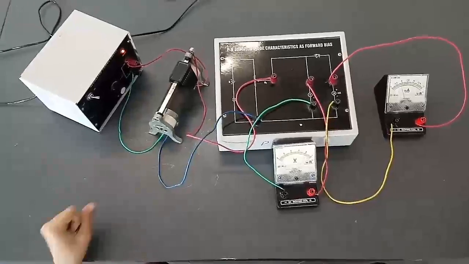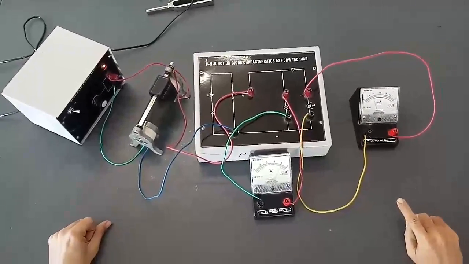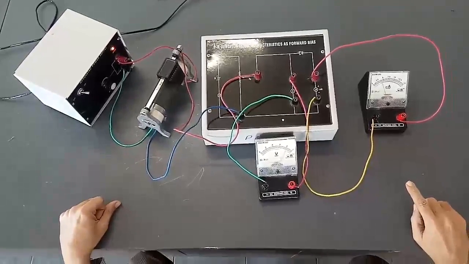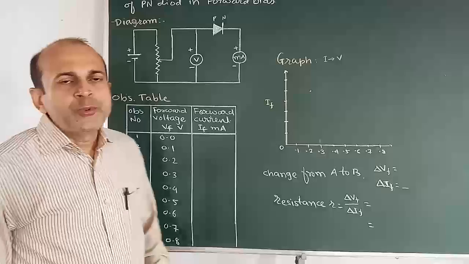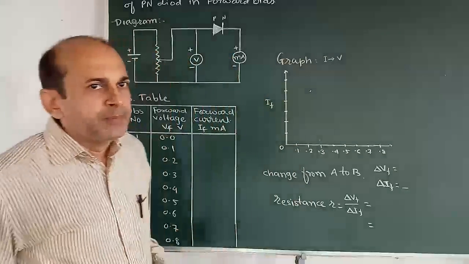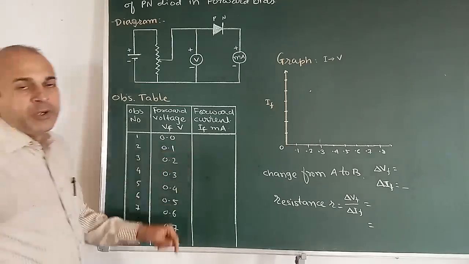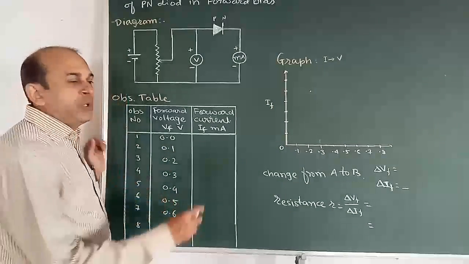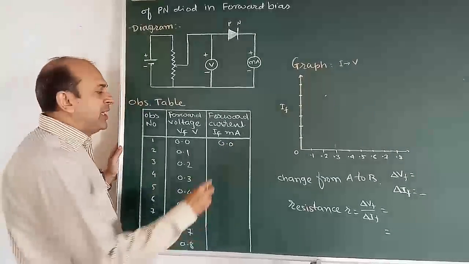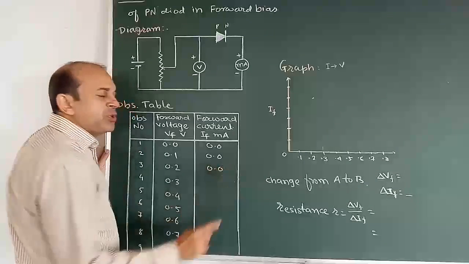Okay, now let me note down these readings in the observation table and let me draw the graph of I versus V, and we will study the characteristics of the P-N diode. Now students, let me note down these readings in the observation table. For 0 voltage the current was 0. For 0.1 voltage again the current was 0, and for 0.2 again it was 0.